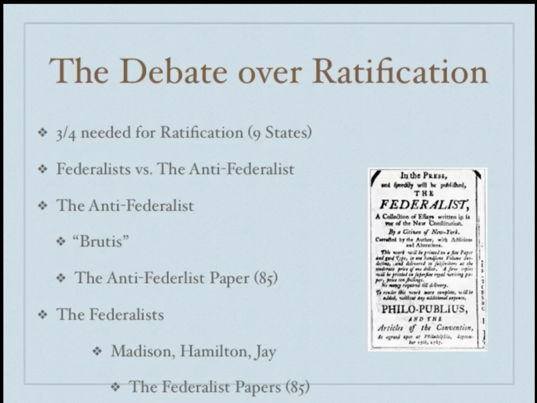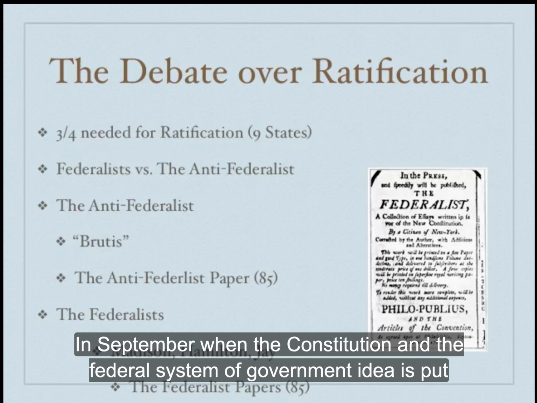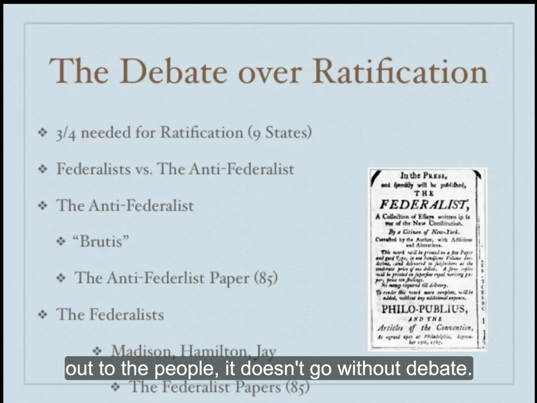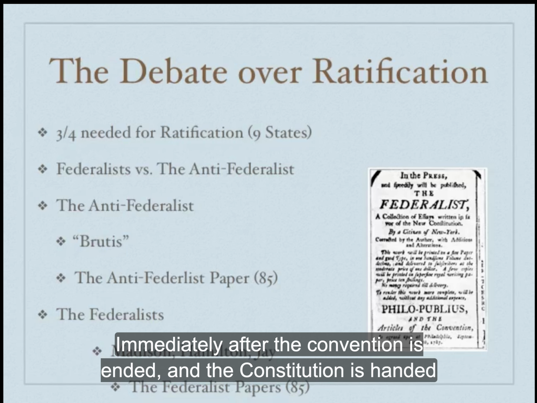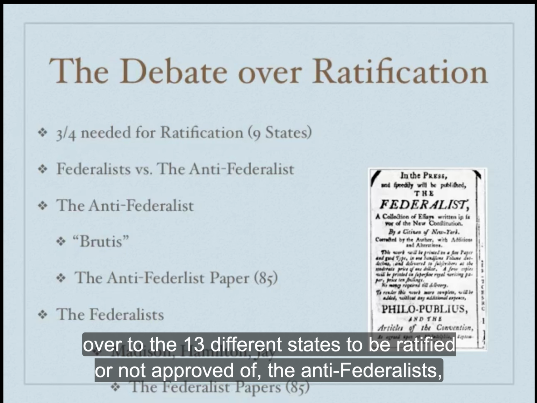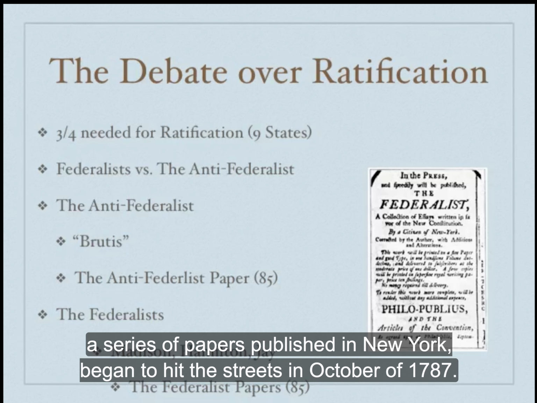In September, when the Constitution and the federal system of government idea is put out to the people, it doesn't go without debate. Immediately after the convention is ended and the Constitution is handed over to the 13 different states to be ratified or not approved of, the Anti-Federalists, a series of papers published in New York, began to hit the streets.